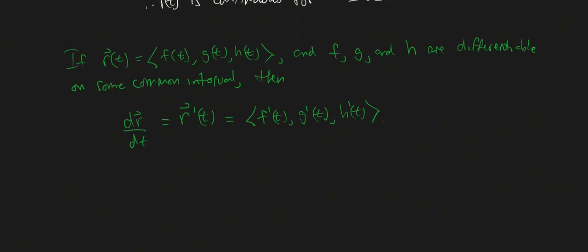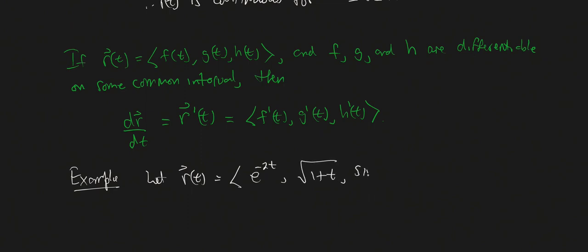So let's look at an example of this. All right, so let's say, let r of t be the vector e to the -2t, and let's say the square root of 1 plus t, and then let's say the sine of t squared.